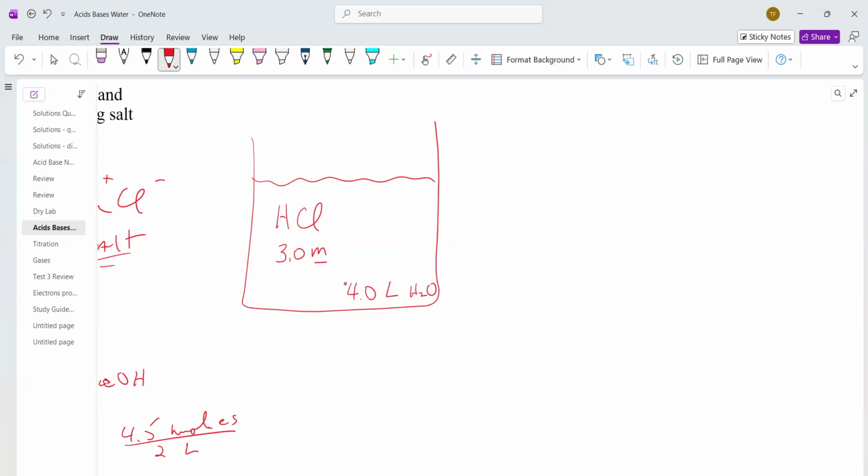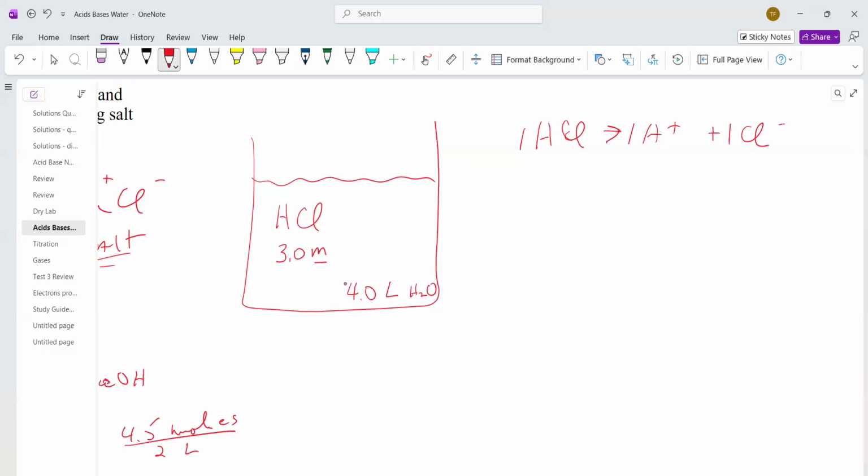Say we had 4 liters of 3 molar hydrochloric acid. Now, if you look at the reaction for hydrochloric acid, because it's a strong acid, it does that. So this is balanced, which means the coefficients are all 1.